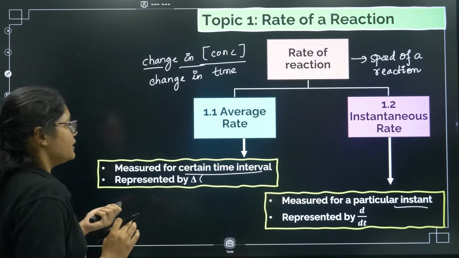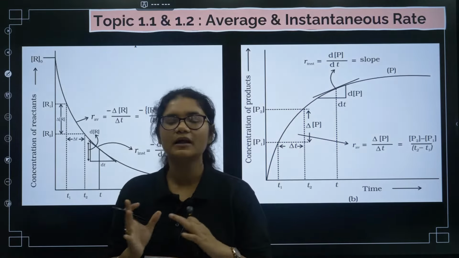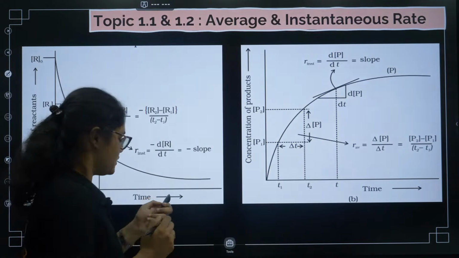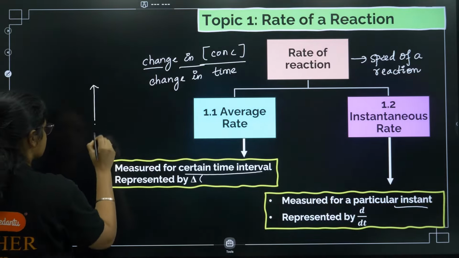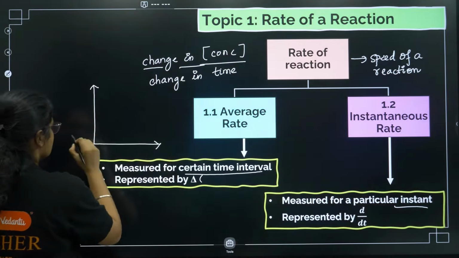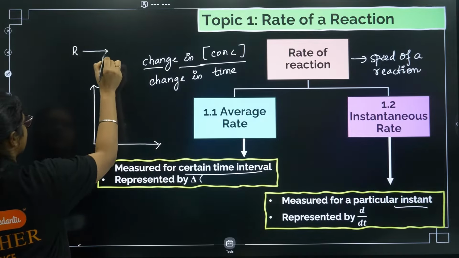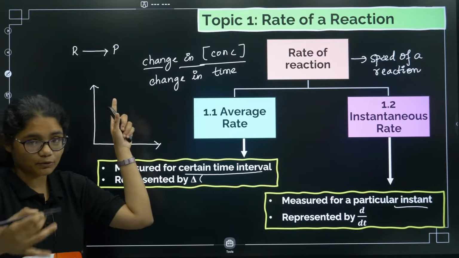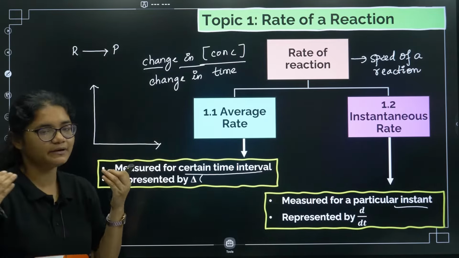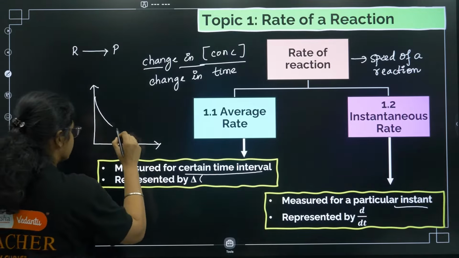Now let us go to the graph, this is very important. One thing I'll tell you first: when you draw a graph for the rate of a reaction, suppose R is getting converted to P, right? As time proceeds, the reactant concentration will decrease because it is getting consumed, so the graph for that will be like this.